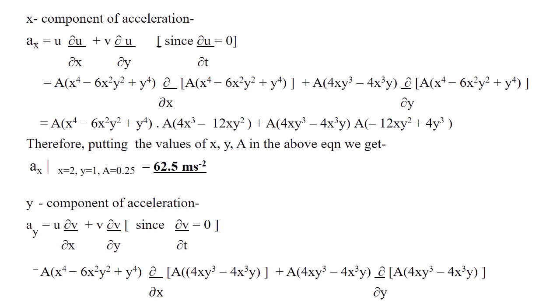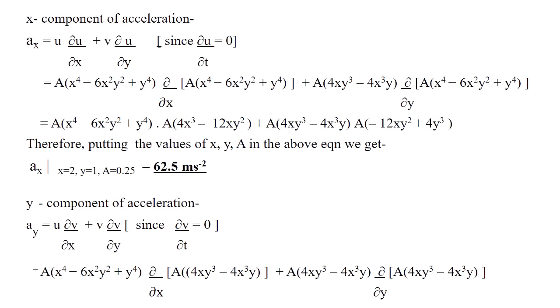For this we will take this equation ay is equal to u del v by del x plus v del v by del y. So since del v by del t is equal to 0, in a similar way we will put the values of u and v here.